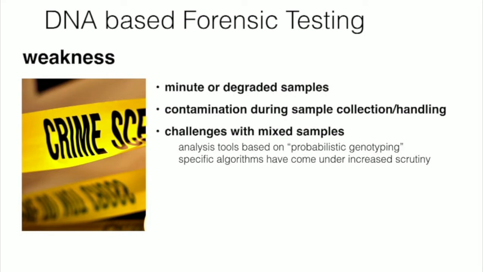This gets to a pretty controversial point because there are a number of labs that have developed tools that they claim allow you to separate out mixtures. And people pay large amounts of money for this kind of analysis to separate out these mixtures. The companies that have developed those technologies hold them as proprietary. So the underlying algorithms aren't made available to the defense or to the jury.